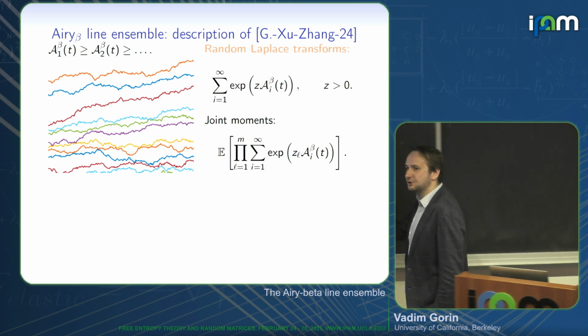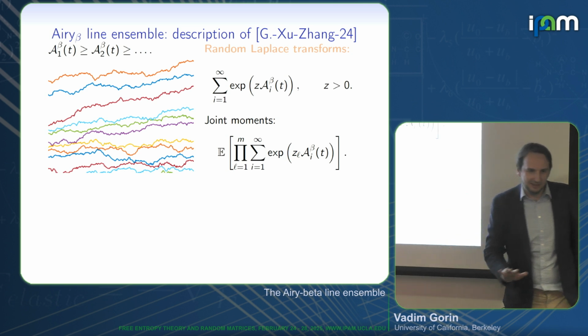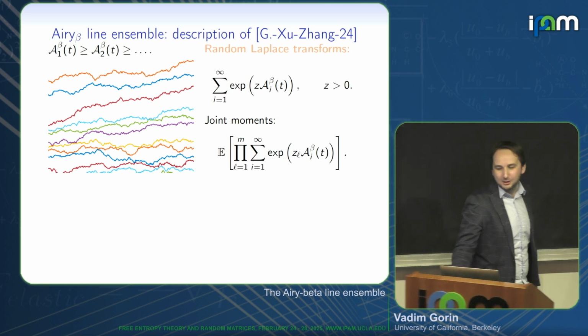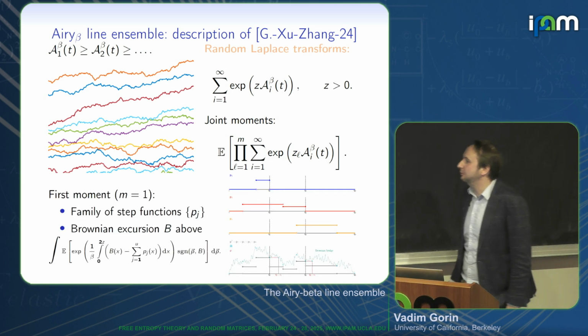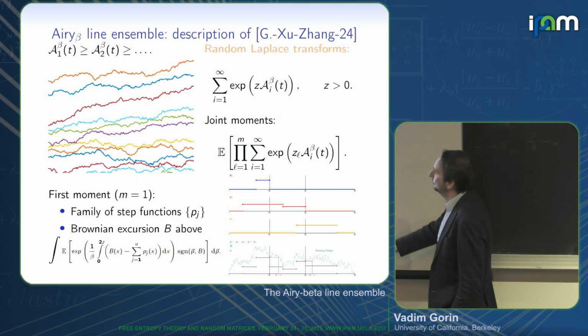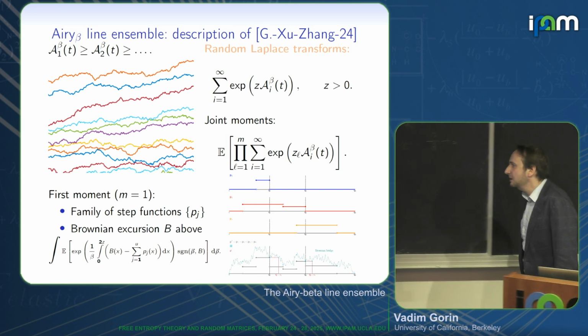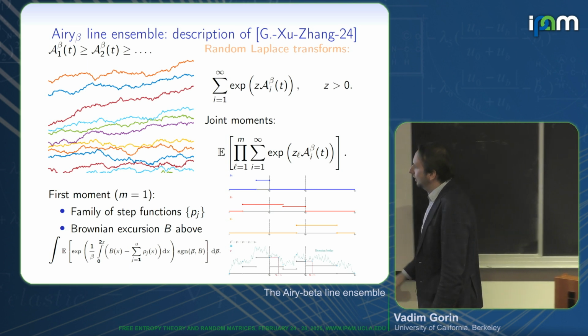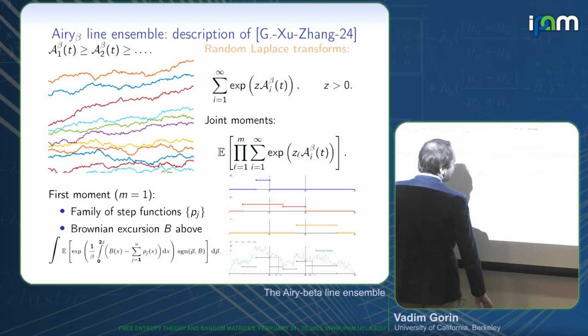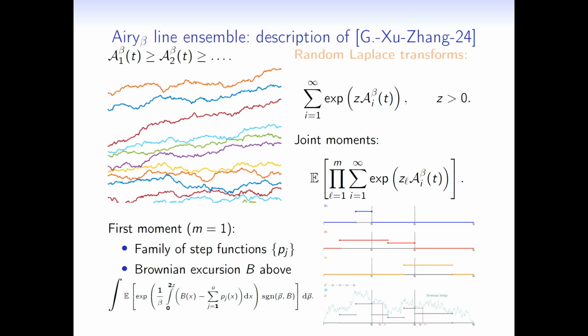Now the formulas for these joint moments are not super easy, so I will only show you one of the formulas we got. That was the formula for the first moment, when m equals 1, just the expectation of this expression. This formula involves a certain integral over a space of step functions, which are schematically shown in this picture.